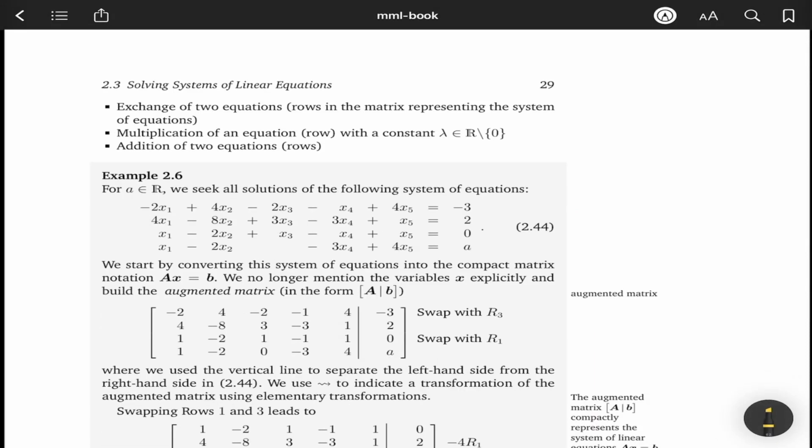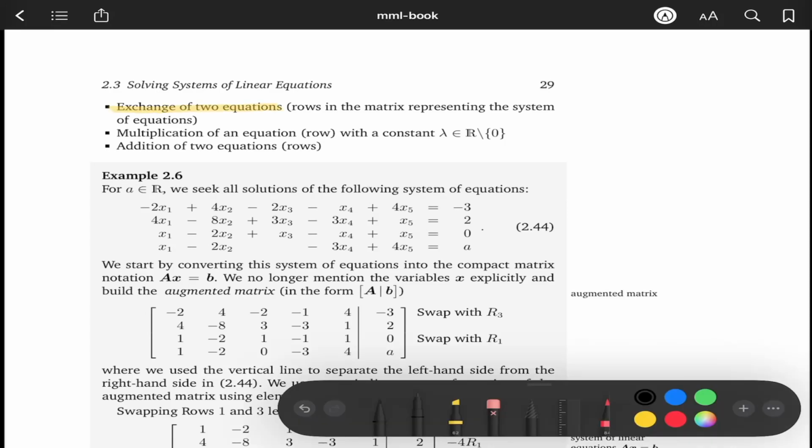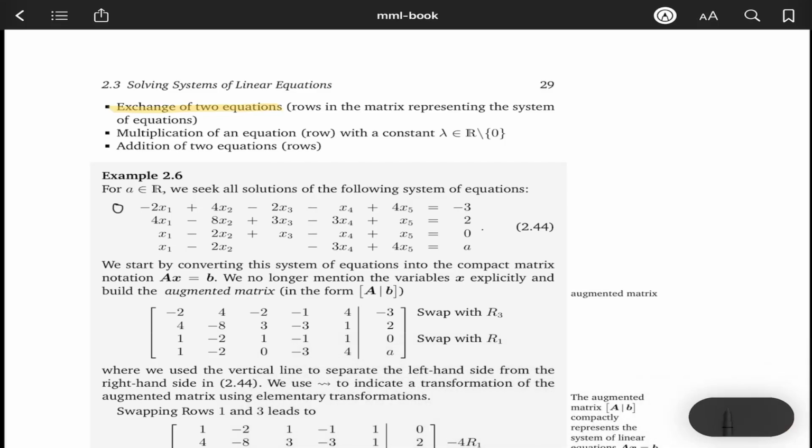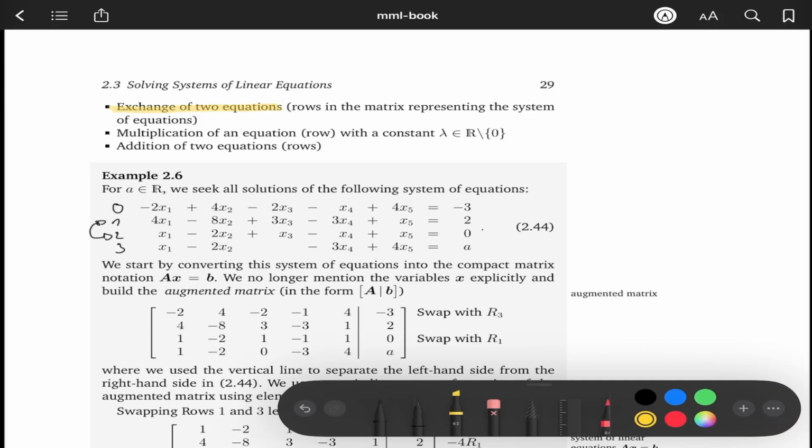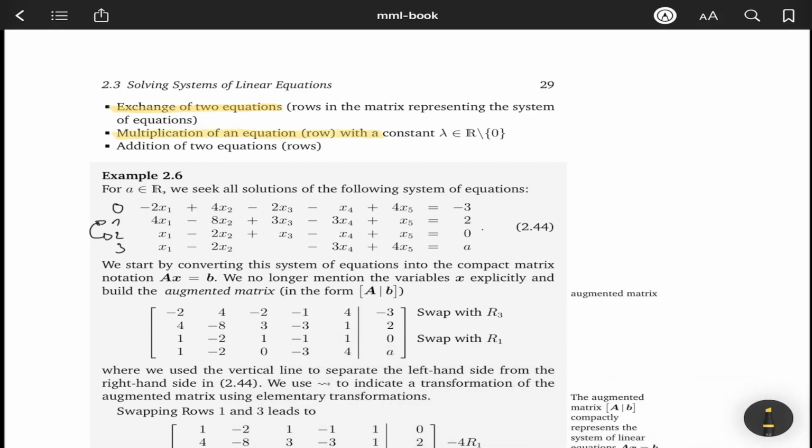So we have three rules: exchange of two equations. So we can take any of those equations and we can exchange them. The second rule is multiplication of an equation with a constant which is not zero, because if you multiply by zero, then it's always zero. So that's not allowed.